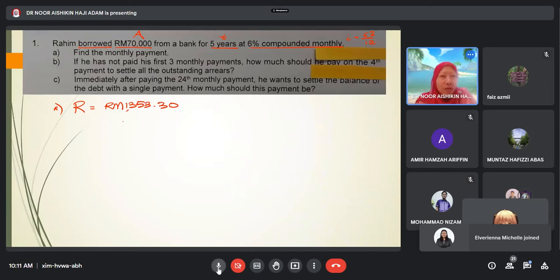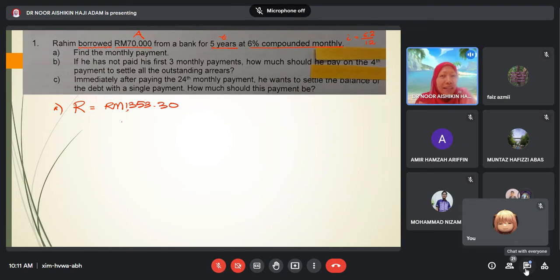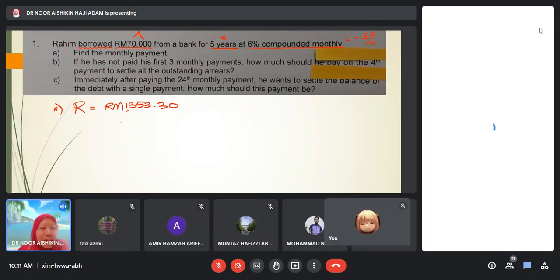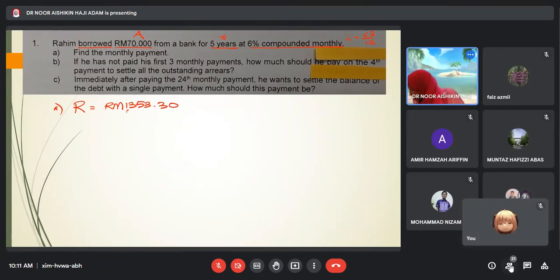Dapat. Ada tak orang tak dapat? Saya lebih interested dengan orang yang tak dapat. Ada tak? Izzat? Syaiful Izzat dapat tak? Izzat ada dalam kelas ke tidak hari ini?